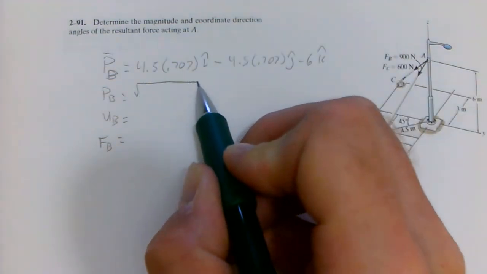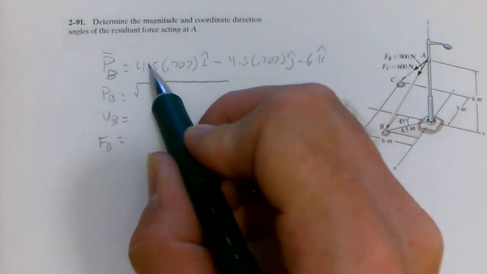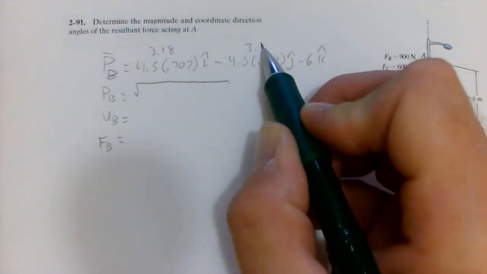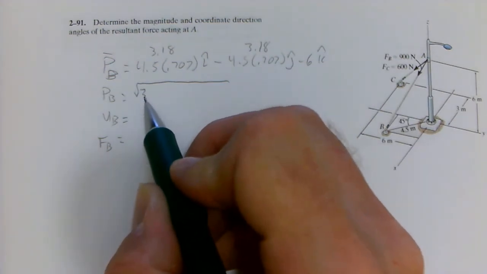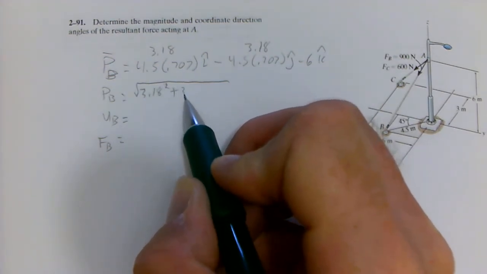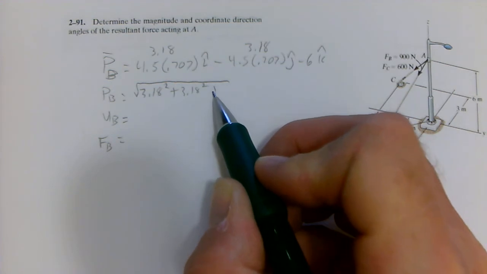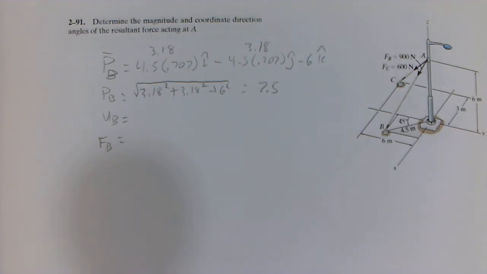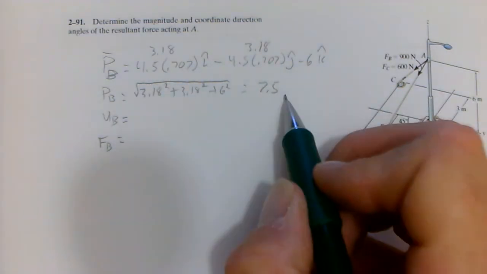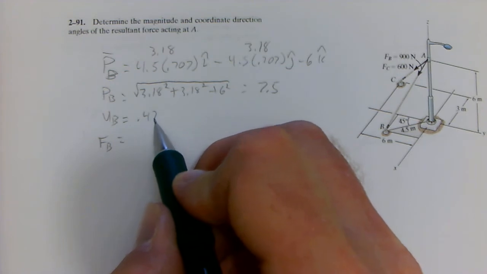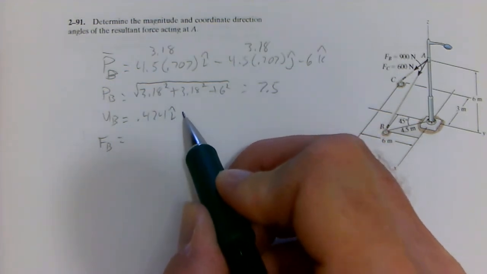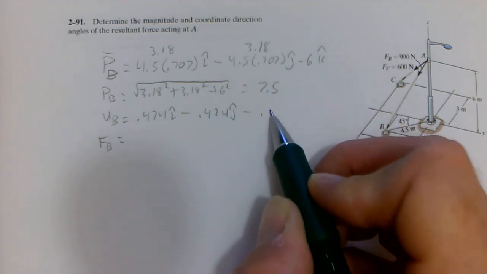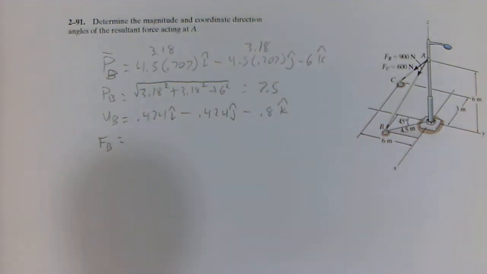Now this 4.5 times 0.707 is 3.18. So 3.18 squared plus 3.18 squared plus 6 squared, and that equals 7.5 for the magnitude. And so 3.18 divided by 7.5 is 0.424 in the i, minus 0.424 in the j, minus 0.8 in the k.